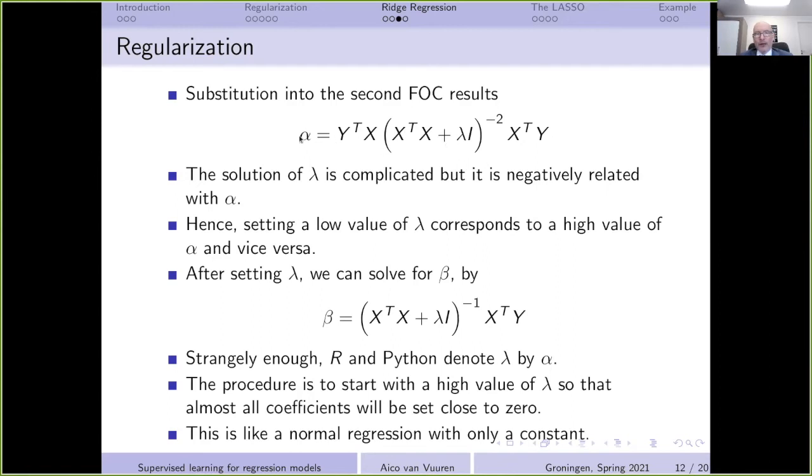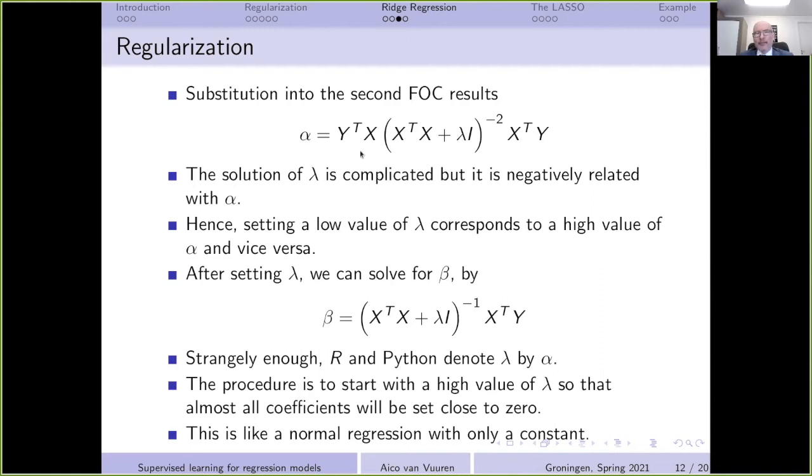We have alpha at the left-hand side and lambda among many other things at the right-hand side. It is going to be impossible for me to rewrite this in such a way that I have lambda at the left-hand side and everything else at the right-hand side. That's actually what I wanted. But this can still be done numerically if I want to do that.